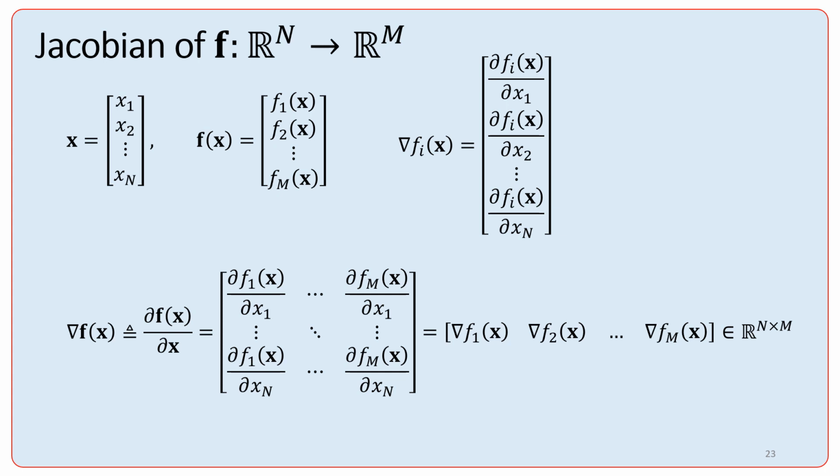So the Jacobian of the vector function f is del f of x, which is its derivative. It's this matrix. It has n rows and m columns, and each column is the gradient of one of the elements of the vector function f. Therefore, it is an n by m matrix.